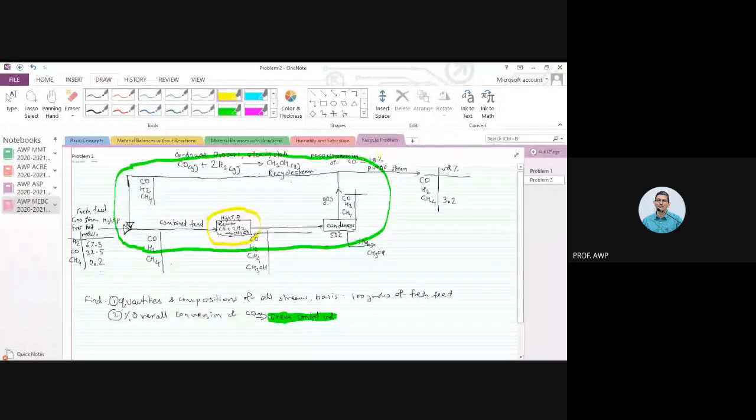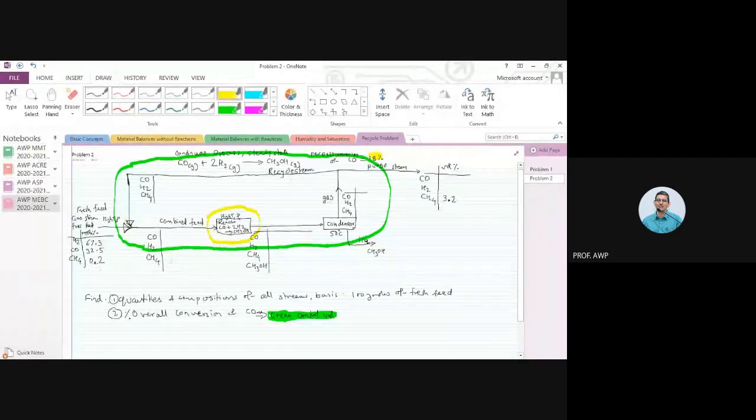Per pass means it is across the reactor, 18%.